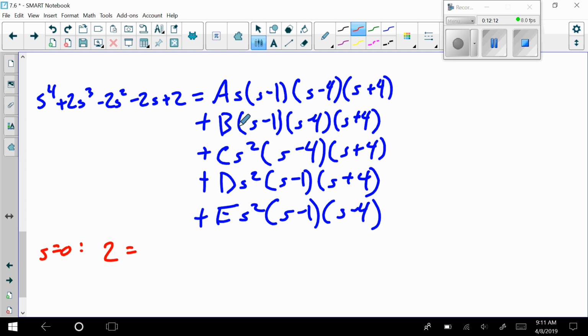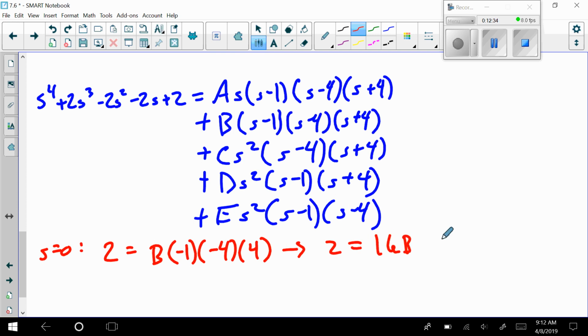So all I have left is B times, okay, this would be a negative 1, so I'd have B times, let's see here, negative 1 times negative 4 times 4, which then makes 2 equal to 16B, which means B is equal to 1/8.